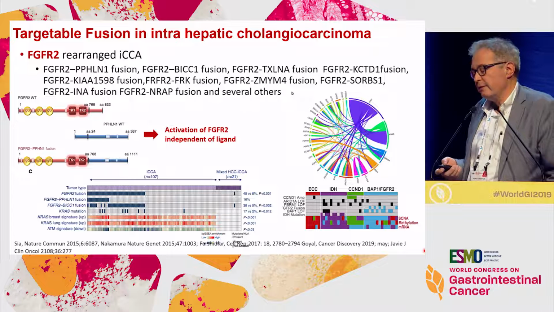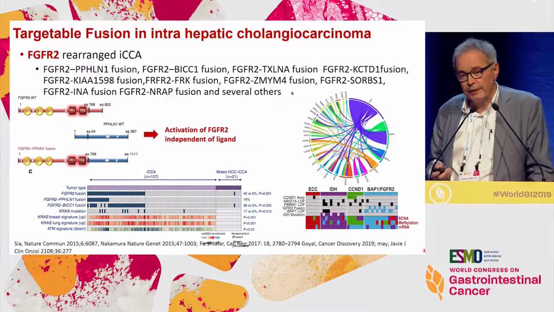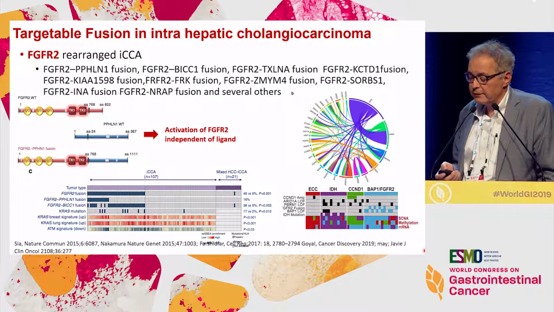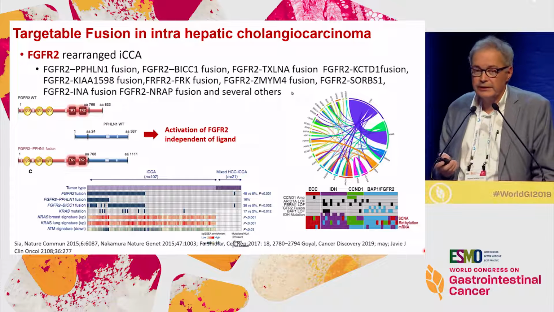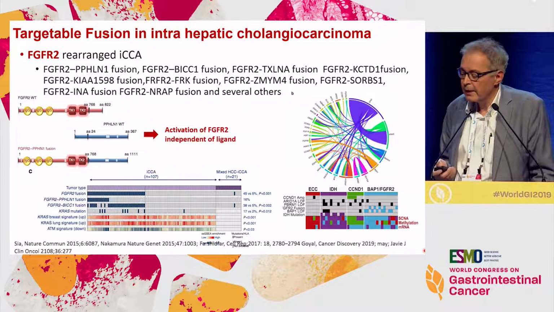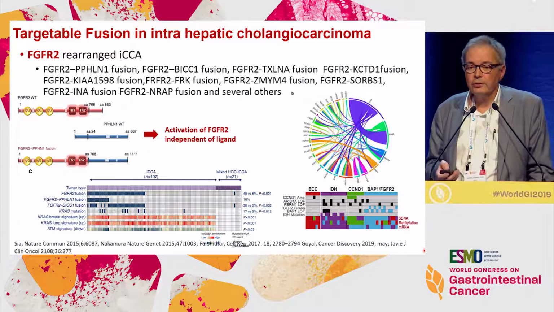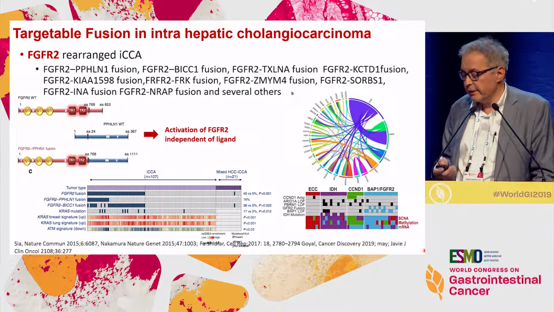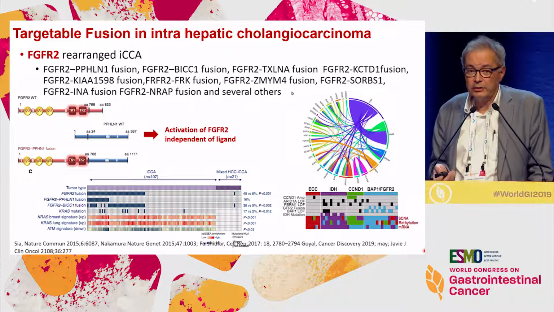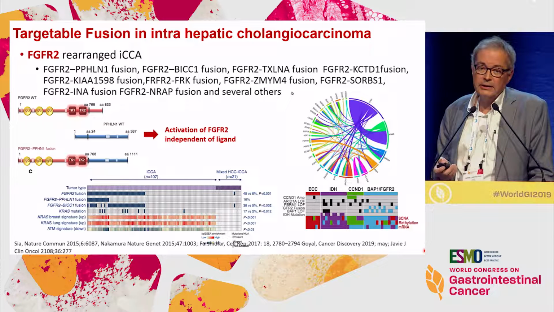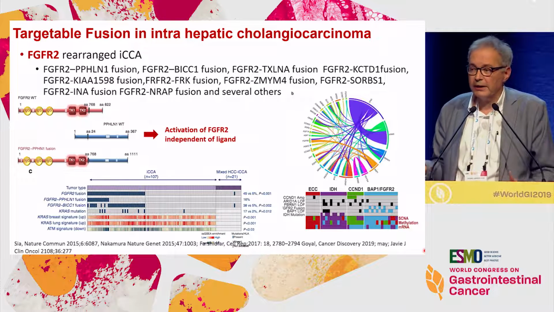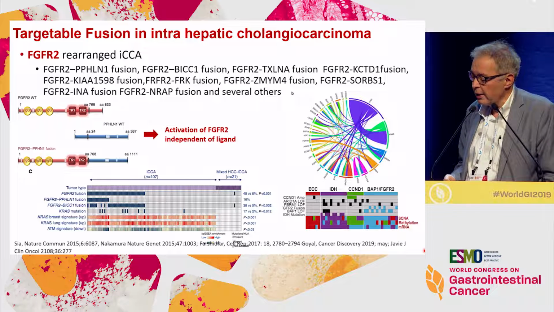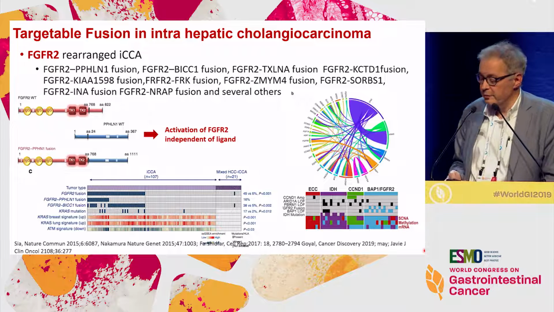But all these fusions include the ectodomain of the fibroblast growth factor receptor and the tyrosine kinase of these receptors. And the partners lead to the dimerization of these receptors, leading to activation of the receptor independently of the presence of ligand. So you have a permanent activation of this receptor in this type of tumor.